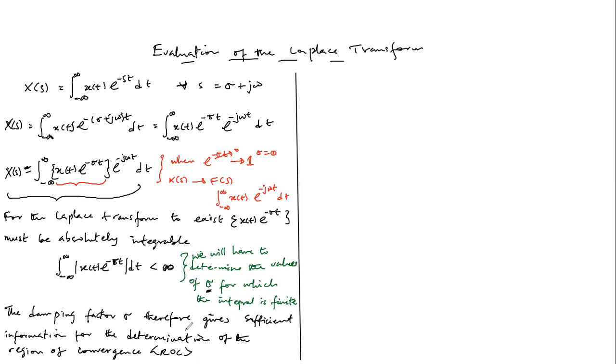So the next point now is, what is the region of convergence? Okay, now, the region of convergence is the region on the s-plane where the Laplace transform is found.